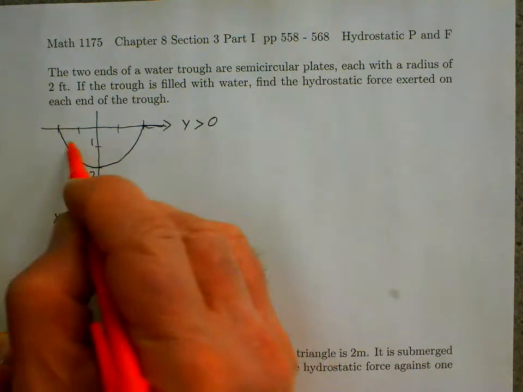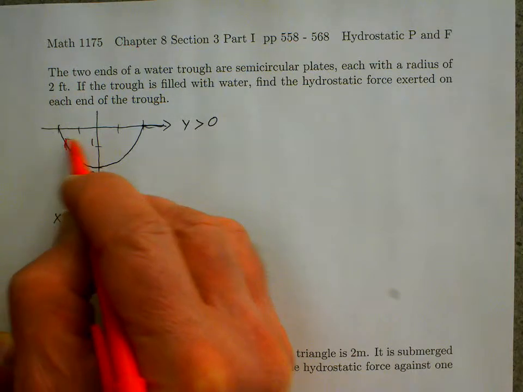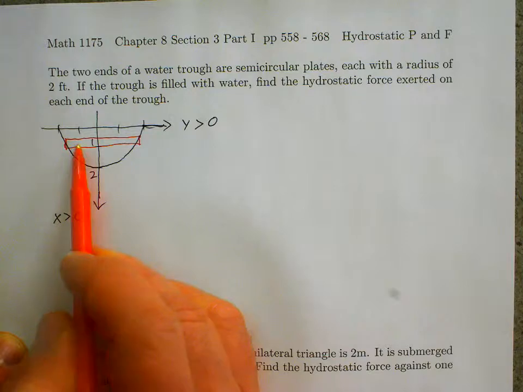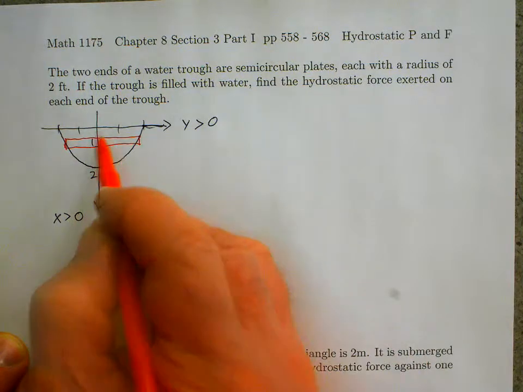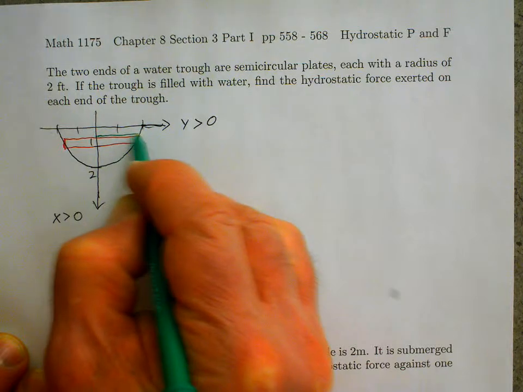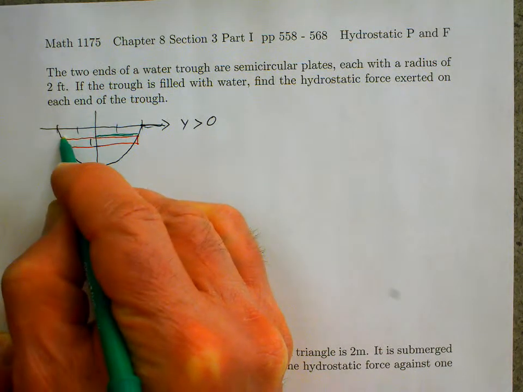Okay, so our subrectangle, my drawing is off a little bit, but this part of the rectangle is supposed to be the same length as that part.